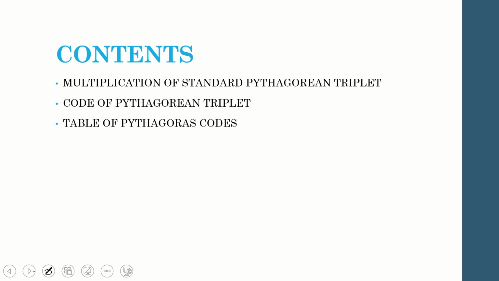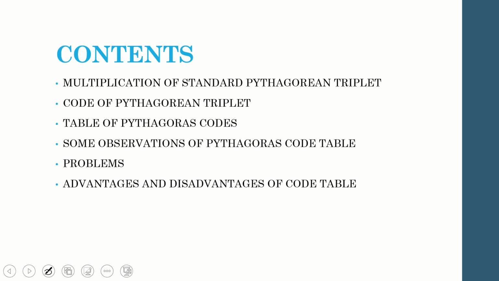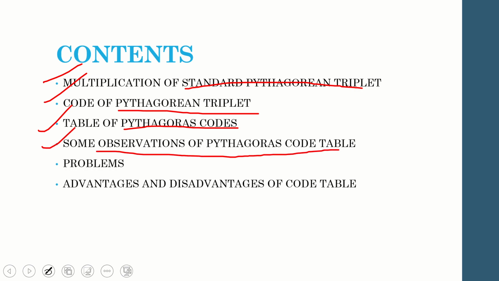As these are the contents, let us revise. We have multiplication of standard Pythagoras triplet. We have code of Pythagorean triplet. We also have table of Pythagoras codes. Also we have seen some observations of the code table.